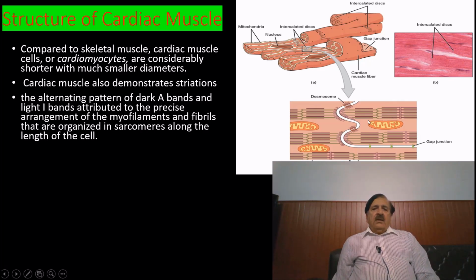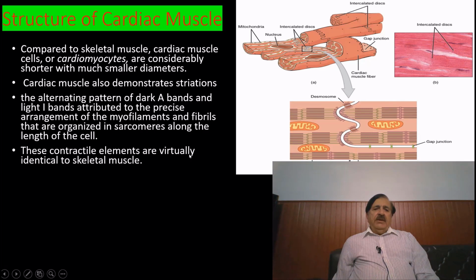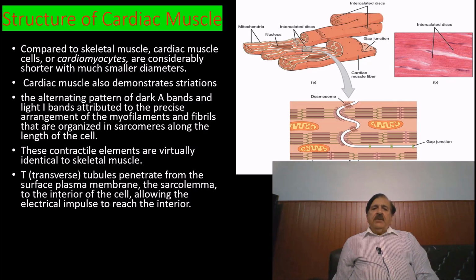Here you can see the Z line, and we have myofibrils between these two Z lines, with the same structure and arrangement as in skeletal muscle. These contractile elements are virtually identical to those of skeletal muscle.